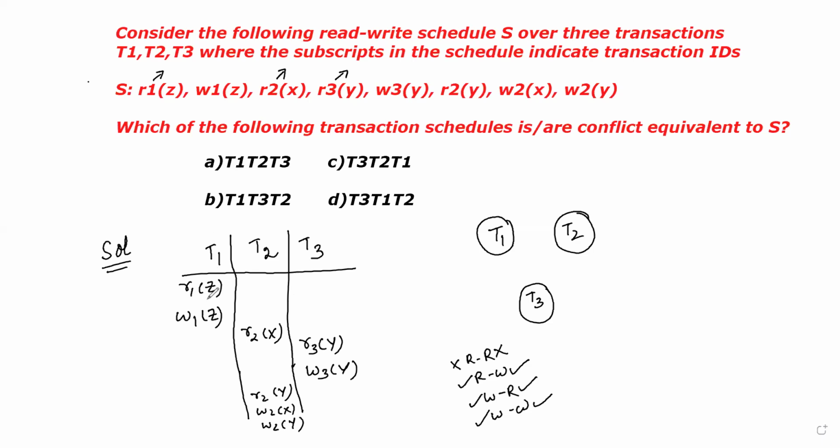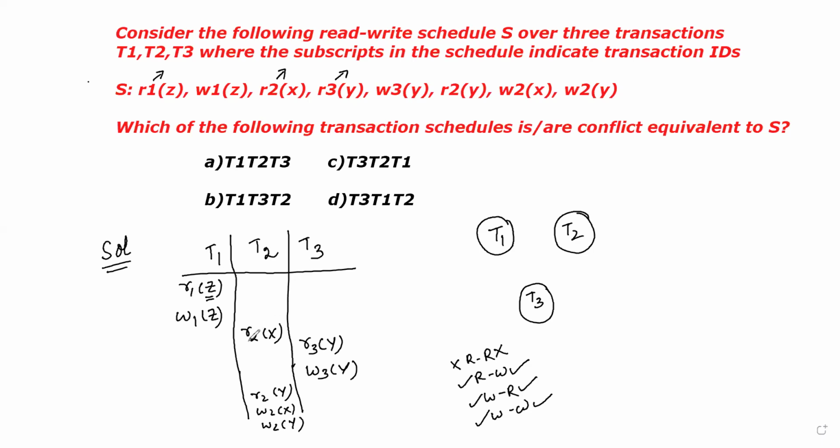We'll start from T1. First you see R1 of Z. You must think about this value Z. In T2 there is no Z, so I am skipping this one. For W1 of Z, in T2, Z is not there, so I'm skipping this one.